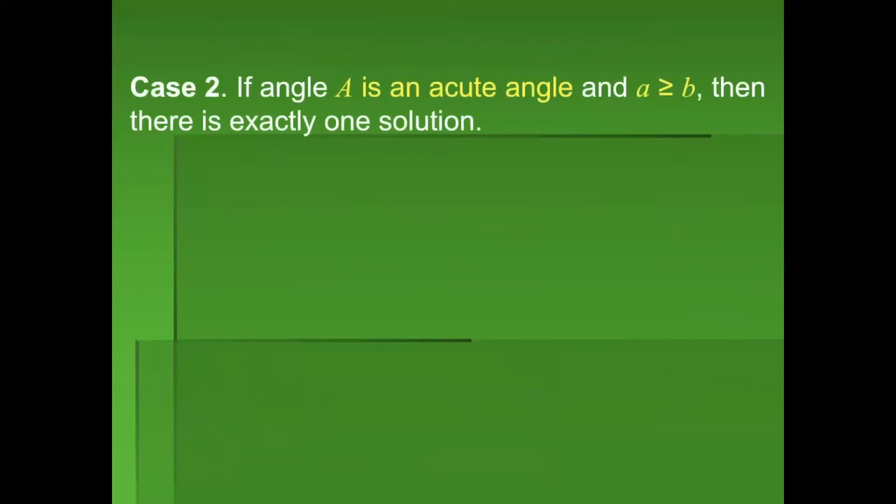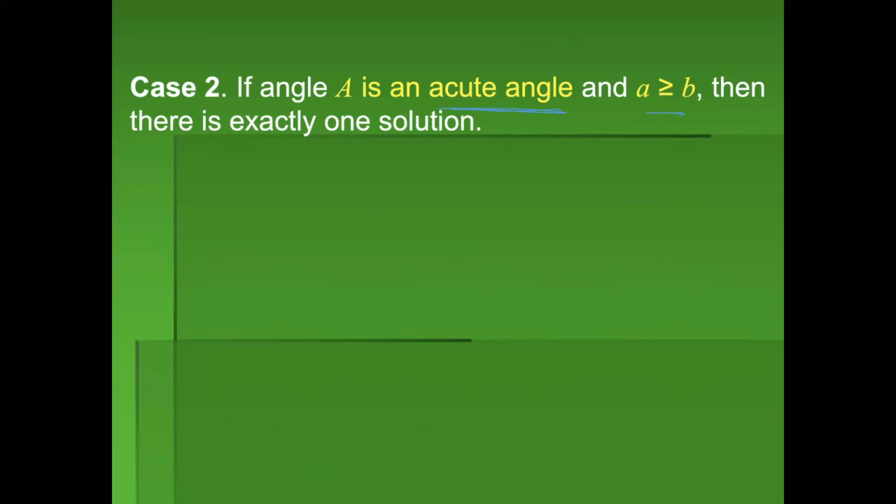In case 2, the given is still an acute angle. But this time, the side opposite the given angle is greater than or equal to b, the other side. Remember, in case 1, the side opposite the given angle is smaller than the other side.